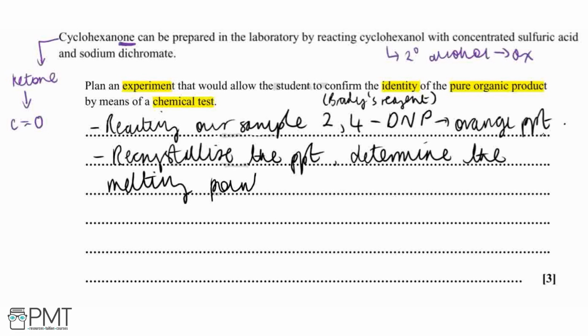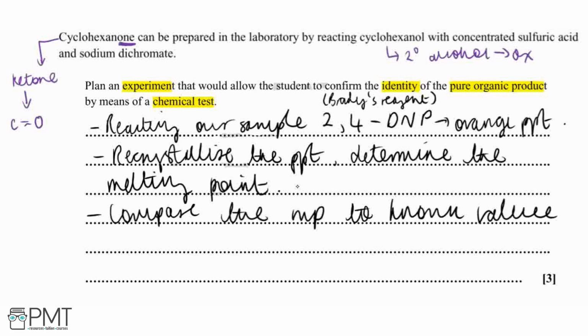We can do this using a melting point machine with some capillary tubes for our sample. And then once we've determined the melting point of our sample, we can then compare the melting point to a known value for cyclohexanone.